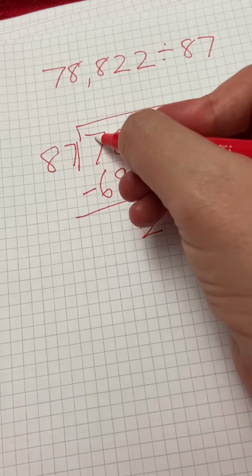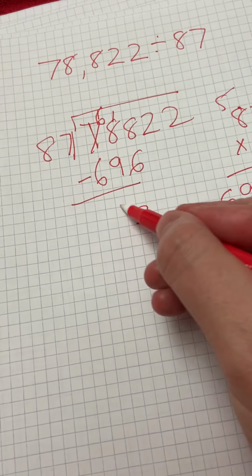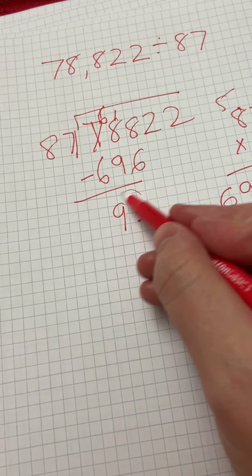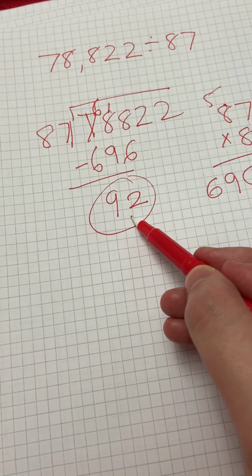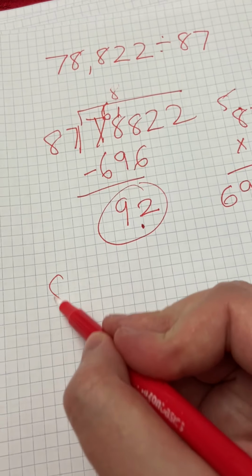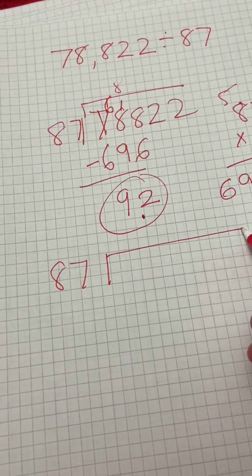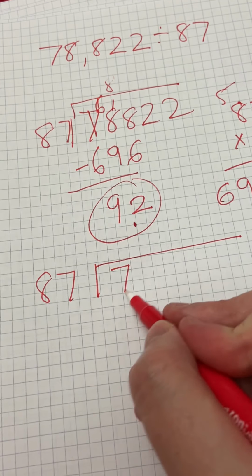I can't do 8 minus 9, gotta borrow. 18 minus 9 is 9. 6 minus 6, uh-oh, watch. I have 92. That's too high, so I know I made an error. It doesn't go in 8 times, it goes in 9 times. So let's rewrite it. If you had a pencil like the good old Miss Alper said, you wouldn't have to. Don't tell her.